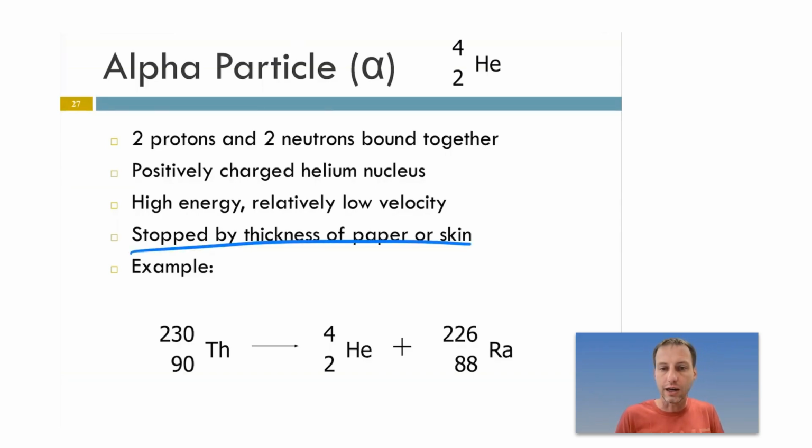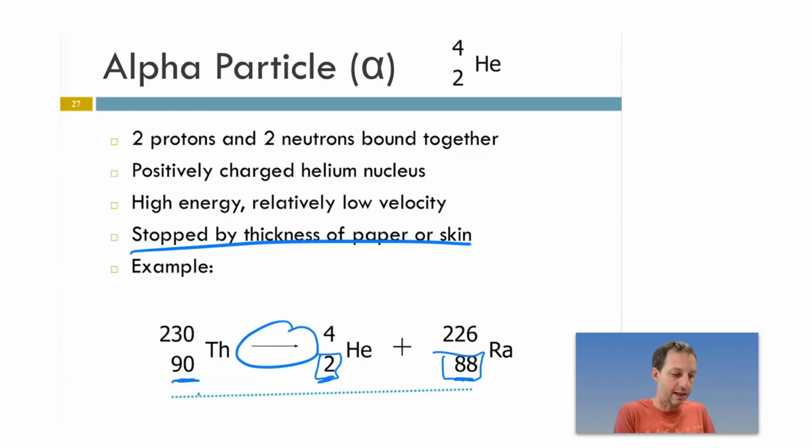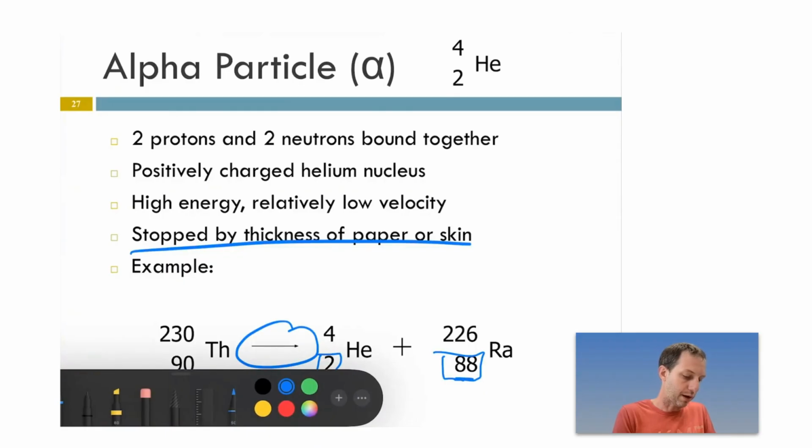And here is our nuclear equation. We said that on both sides of the equation, we need our atomic numbers to add up. Do they? Well, let's look. 2 plus 88, does that equal 90? Yes, it does. And then what about our mass numbers?